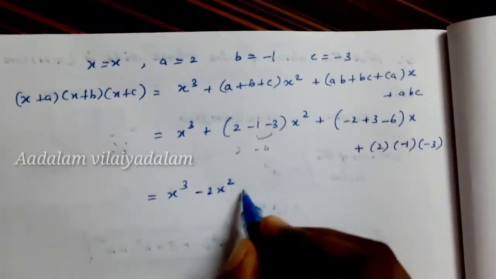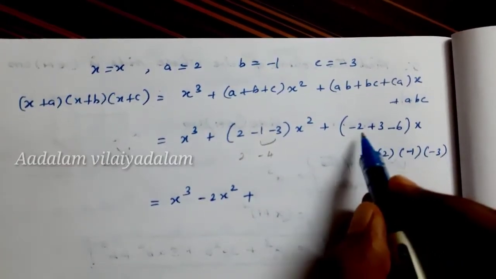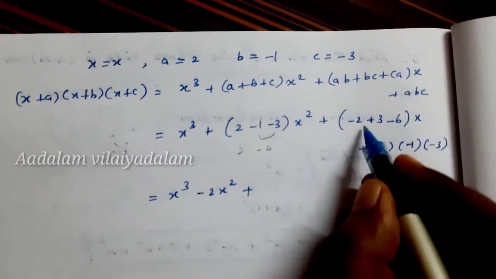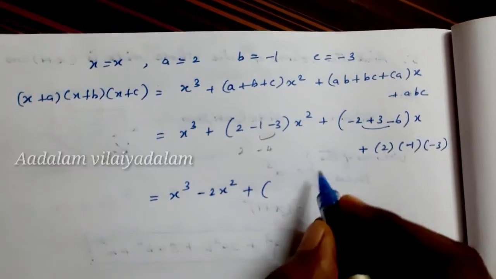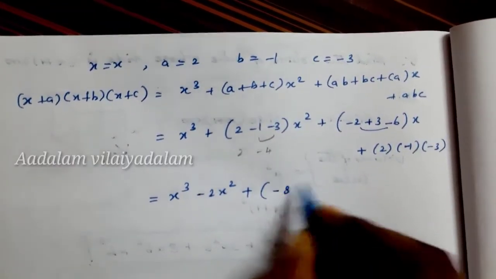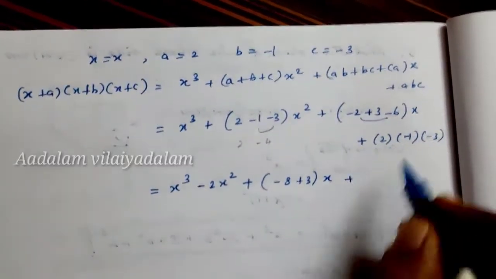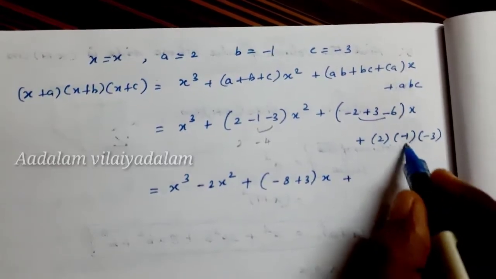The same way, here just find it out. Minus 2 plus 3 minus 6. Here just adding these minus 2 and minus 6, what do we get? Minus 8 plus 3 into x. Then what we get here is the multiplication of these.